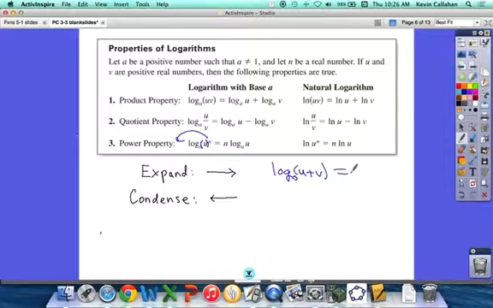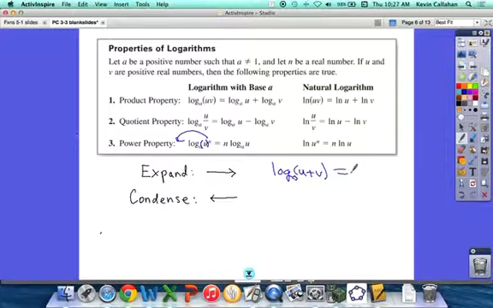Now, most of everything else we're going to do in this lesson involves using these properties either to take one logarithm and break it up into many logarithms, which is called expanding it, or to take many logarithms, like what's on the right-hand side, and use these properties to write it as one logarithm, which is called condensing.